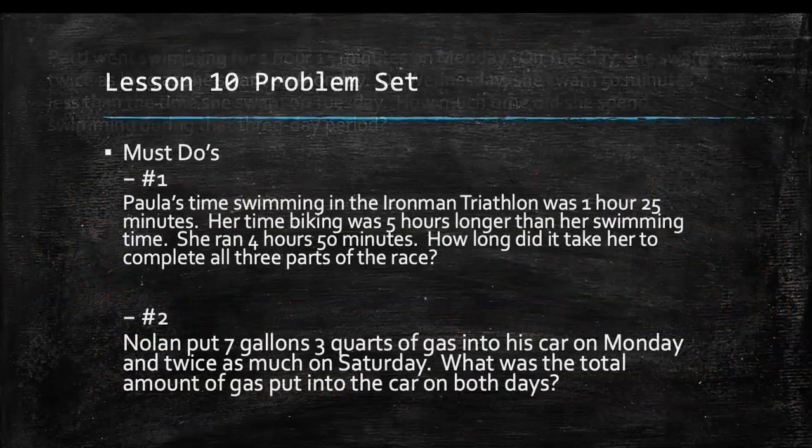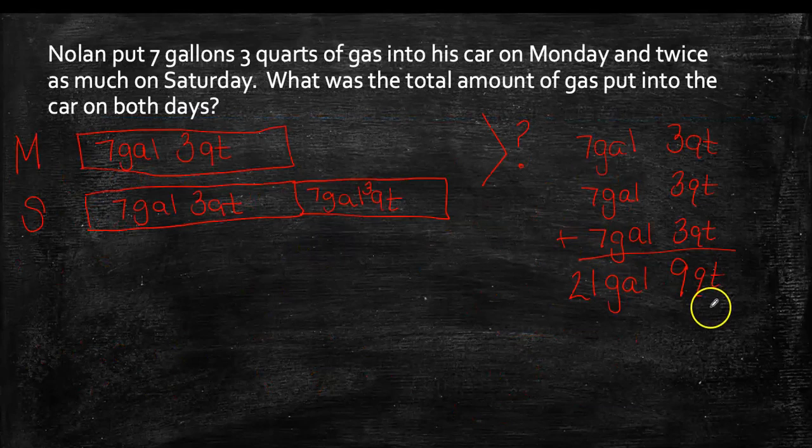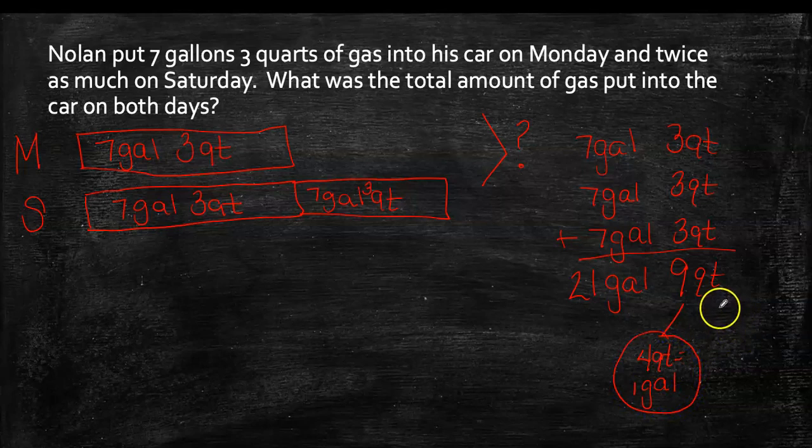So now let's go back to our problem. 4 quarts equals 1 gallon. So if I take out 4 quarts here, how many quarts do I have left? I have 5 quarts. So can I take another gallon out? I could. 4 quarts equals 1 gallon.